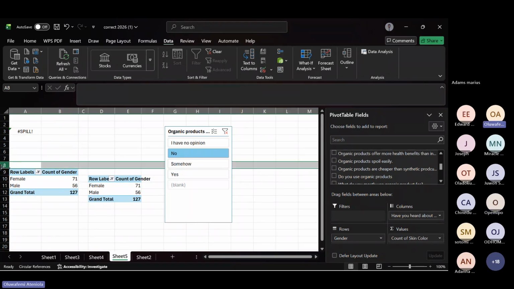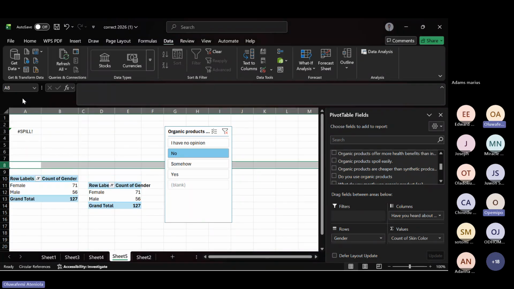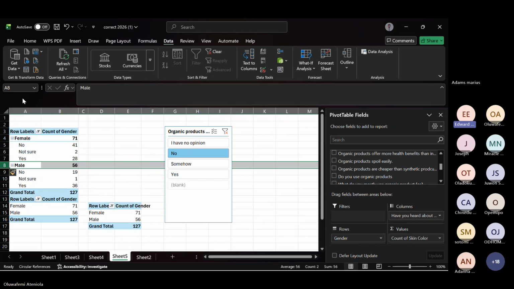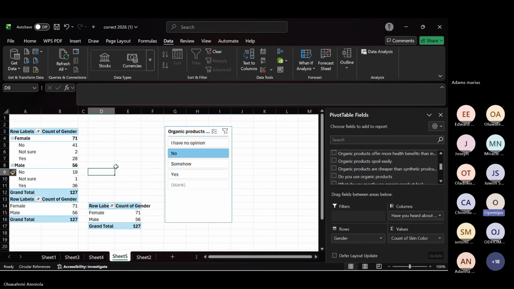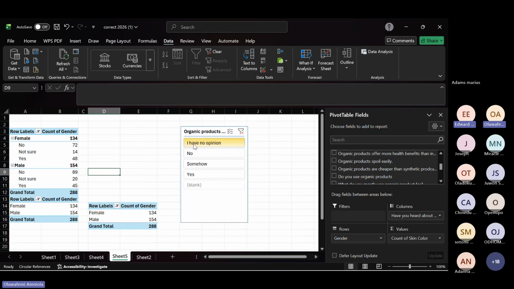Please just hold on. So when I do Control C, Control Y, this is the percentage of men who are saying no, yes, not sure that they use organic products. By the time we begin to cut them out with all of this, we can see how many percentage of them said yes. So this is yes to how many men and women.